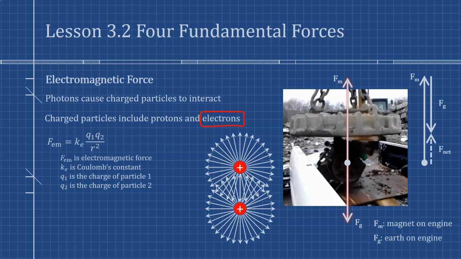This would be a +1 charge for each of these 2, so it would just be 1 times 1 on the top of that fraction there, and then divided by the distance between the particles squared. Okay, so r is the displacement between particles, and that value is squared in the equation.